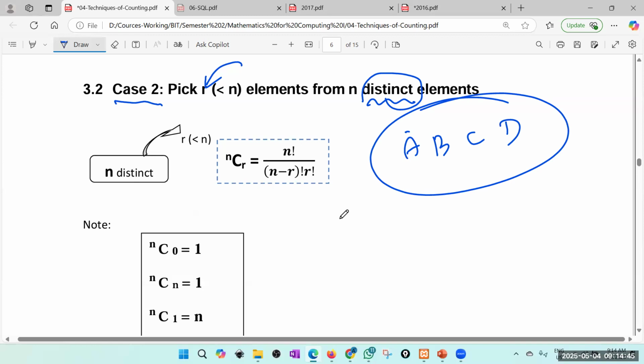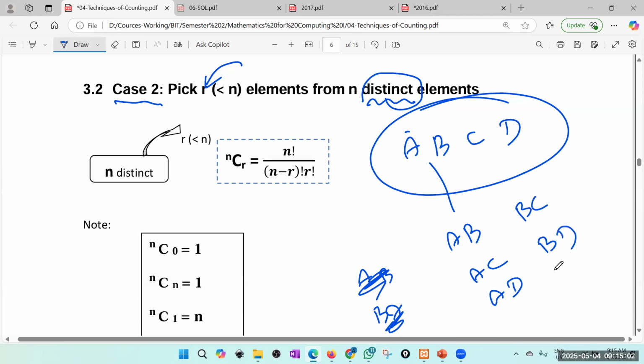How many different committees are possible? There's nothing called arranging committees. A committee is a committee, just 2 members. One possibility is AB, another is AC, AD, BC, BD, and CD. That's it, because there's nothing called BC and CB.